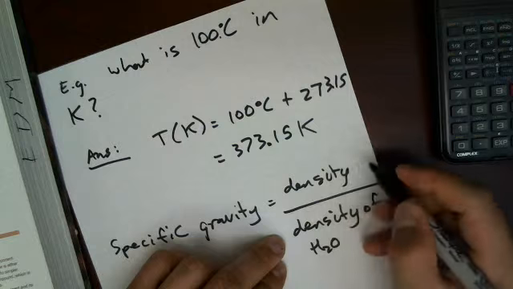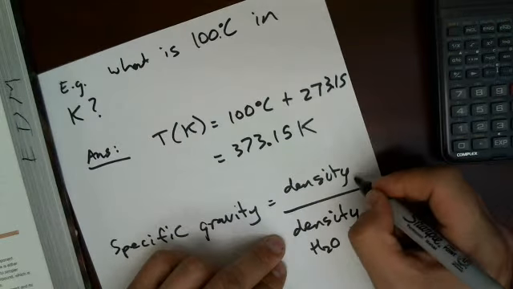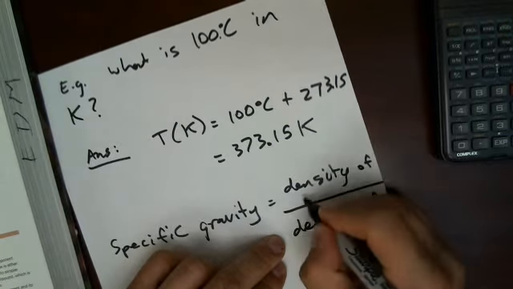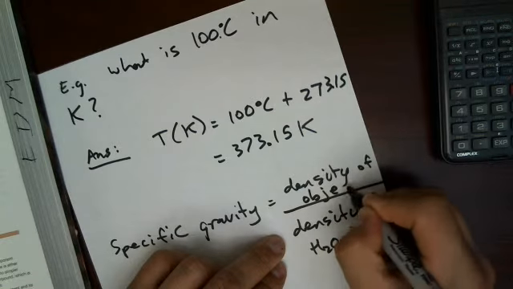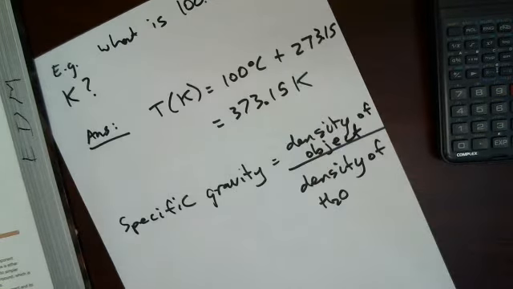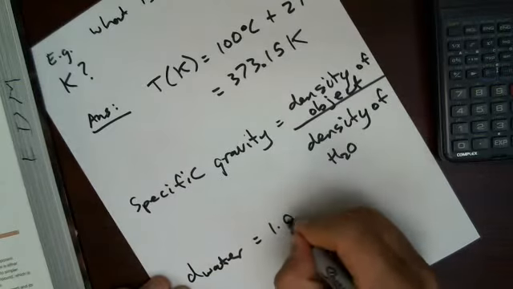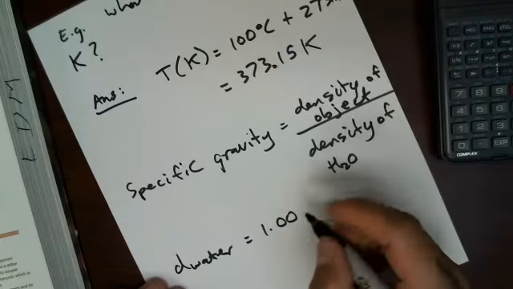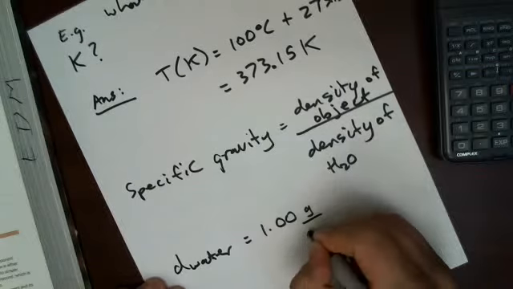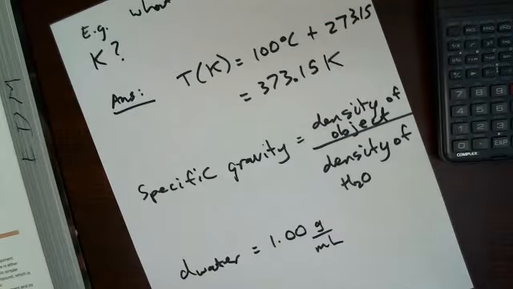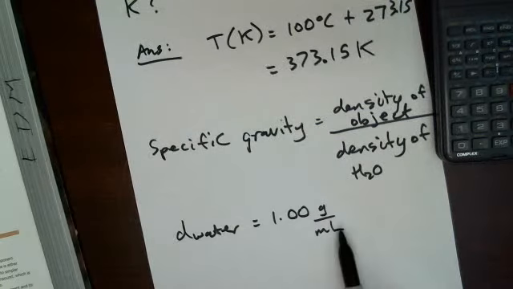So this would be the density of the object over the density of water. Now the thing to know is that the density of water equals 1.00 grams per mil, at least at 4 degrees Celsius it does.